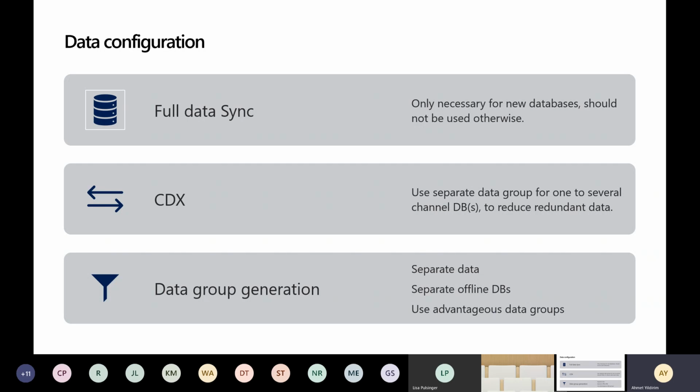Of course, if you are not using the zero footprint, only CPOS methodology, for the other ones, to reduce redundant data, you can use separate data groups and send only the necessary data to the store, not all the price groups and all the other products. Separate the data groups, separate the offline DBs too, and use advantageous data groups.